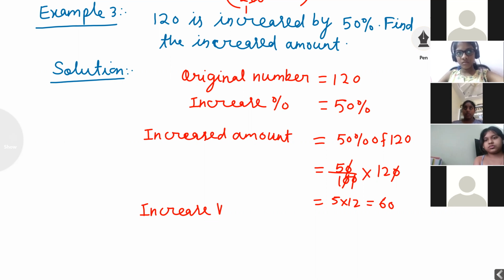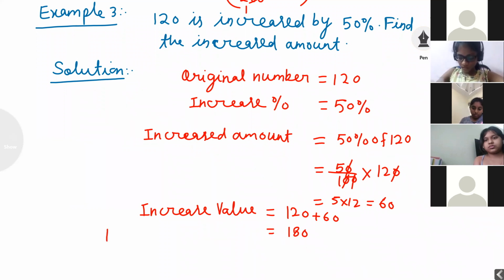Increased value is equal to whatever original value was there plus the increased amount. 120 plus 60 is equal to 180. Hence, the increased number is 180.